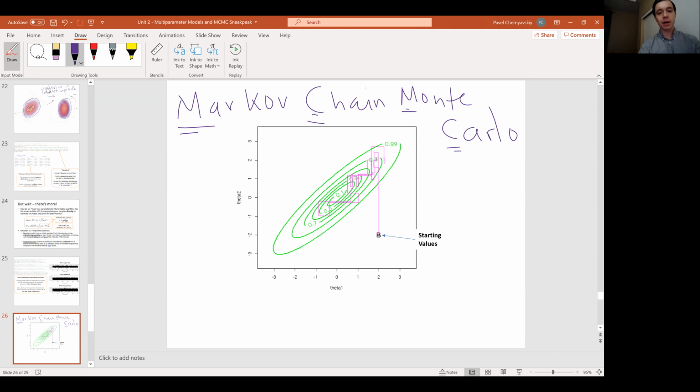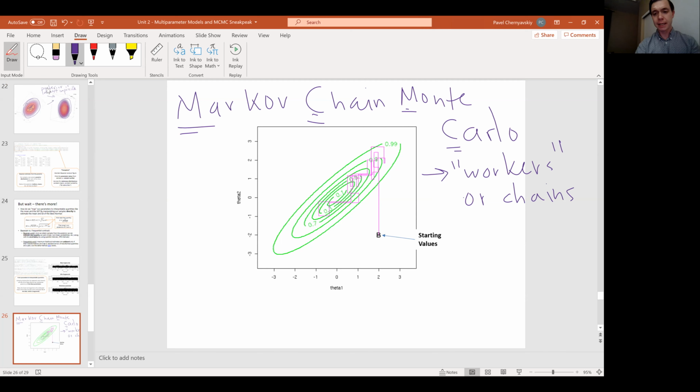So Markov Chain Monte Carlo will feature basically these, what I call workers, or chains, which are sequences of random numbers generated from what we hope is the posterior.